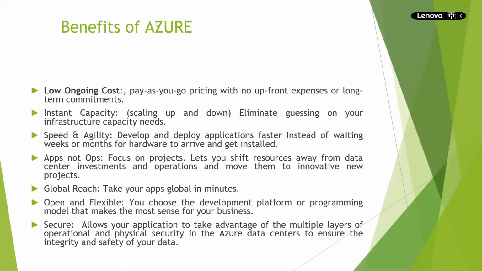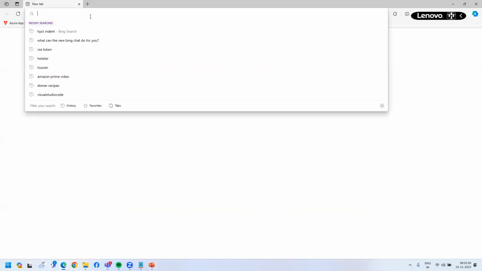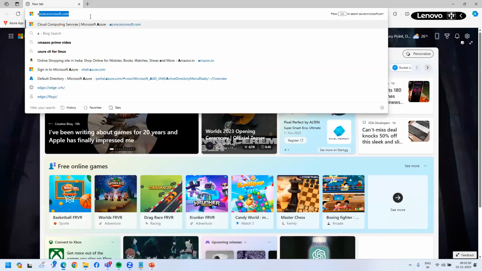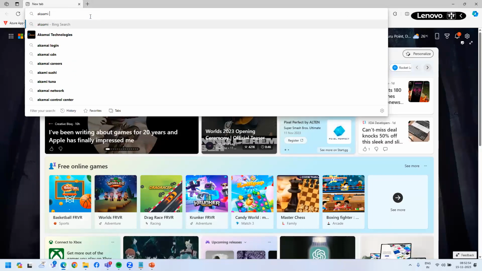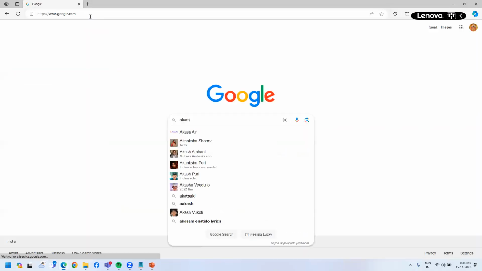If you go for AWS or Google Cloud, 100% they have to use a third-party vendor, Akamai server. Have you heard about it anytime? Akamai. Go to Google. Akamai Technologies.